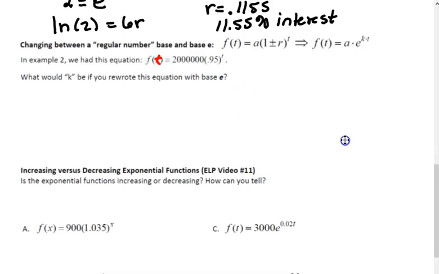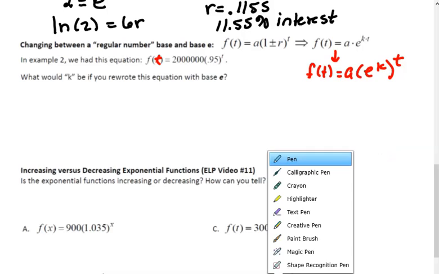So what I want you to notice is that this particular equation could be written f of t is equal to a times the quantity e to the k to the t power, because that would give me e to the kt power. So that means the difference between this equation and this equation is the base of the exponent.